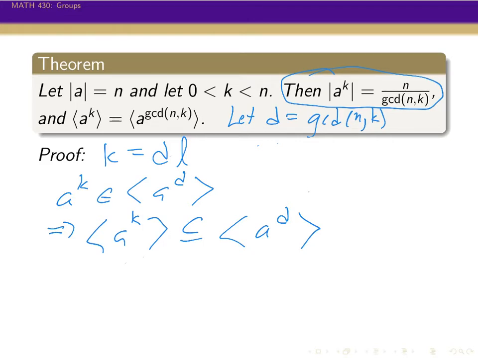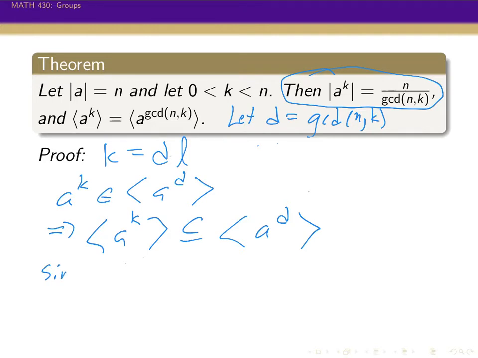Now, how many things are inside the subgroup generated by a to the k? Well, we just figured out that the order of a to the k is equal to n over d.